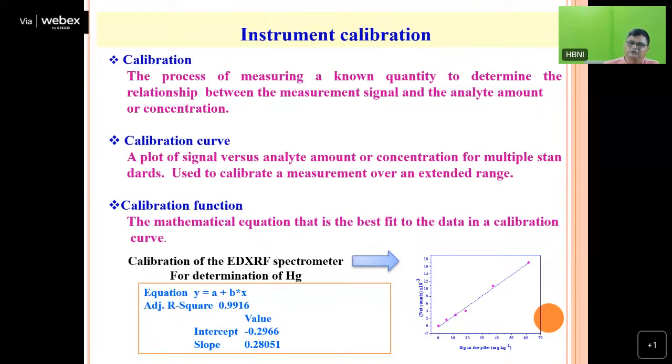Different concentrations of mercury are used in the samples, and that's how this calibration curve has been made. Then a linear fit equation has been calculated, and on that basis, if you have any unknown sample, by measuring it we will know the amount of mercury present in the unknown samples.